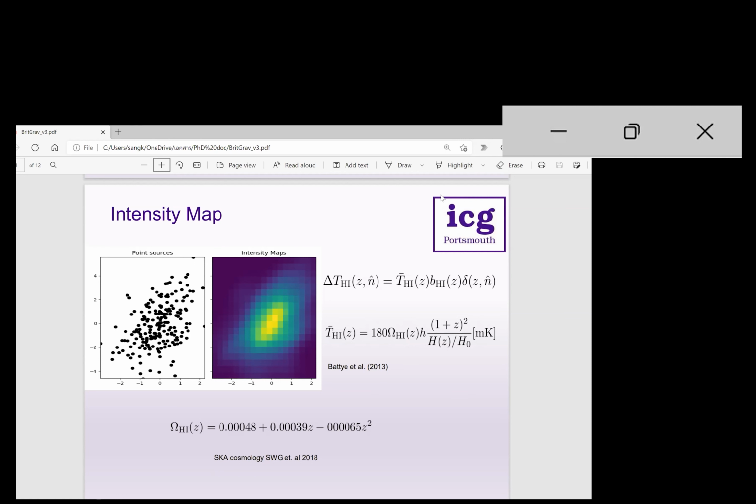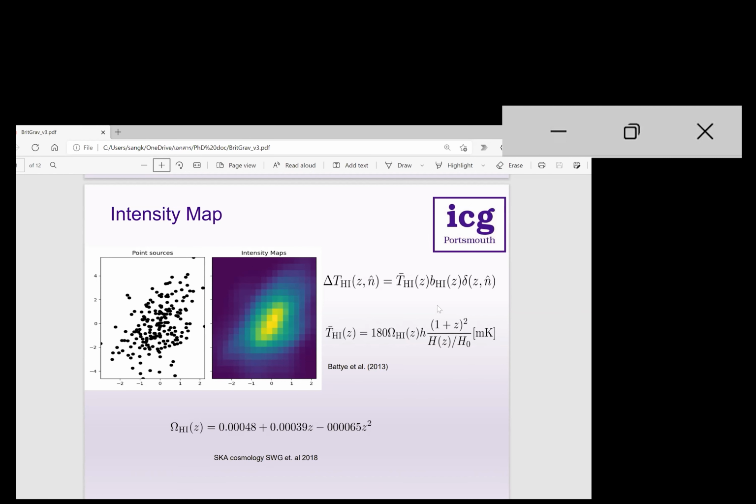When we measure the surface brightness temperature of H1 and look at the temperature fluctuation, we can treat that fluctuation like a bias tracer of the over density matter delta in this equation.